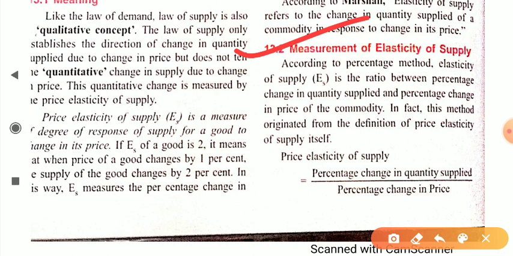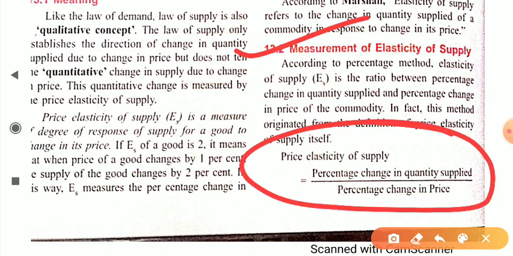The formula of the percentage method you already studied in your demand chapter, where we studied the elasticity of demand. The same formula is repeating in this concept. Price elasticity of supply is percentage change in quantity supplied divided by percentage change in price, and in case of demand it is percentage change in quantity demanded divided by percentage change in price.